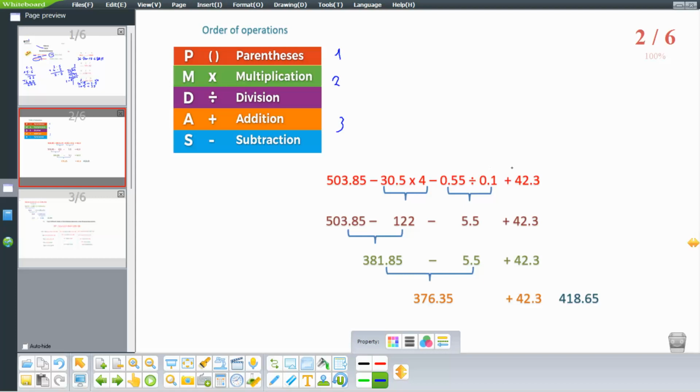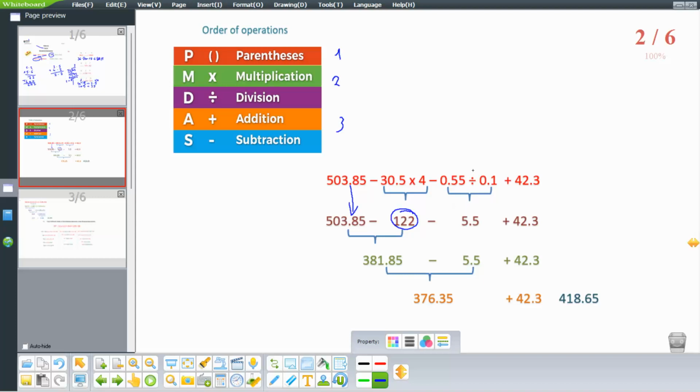So if we have 503.85 minus 30.5 times 4 minus 0.55 divided by 0.1 plus 42.3. We need to multiply first. So we are going to finish the multiplication. 30.5 times 4 will be 122.